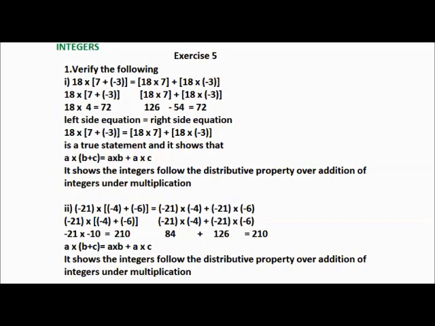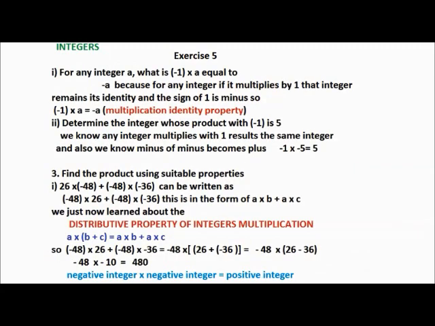So the left side equation is equal to right side equation and it's a true statement and it shows that A multiplies the group B plus C is equal to A multiplies B plus A multiplies C. It shows the integers follow the distributive property over addition of integers under multiplication. There are some other such problems, go through them.